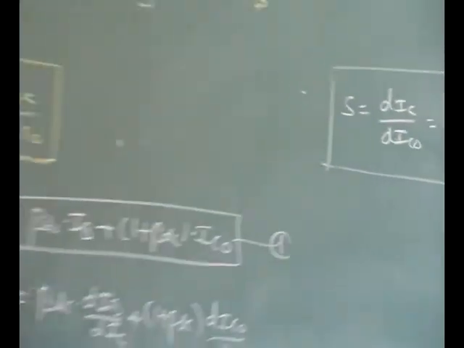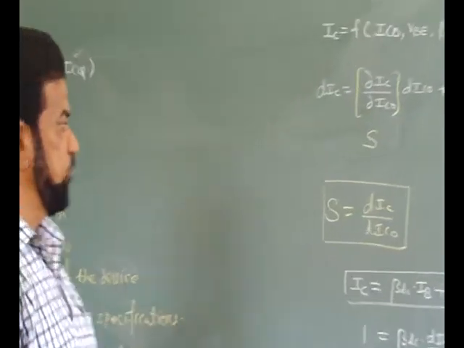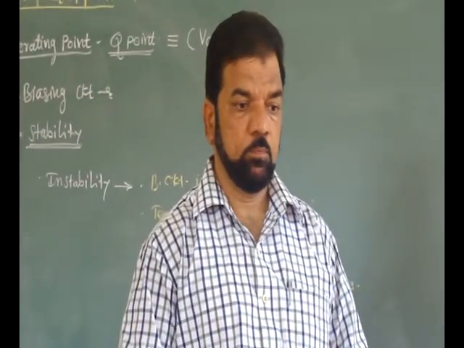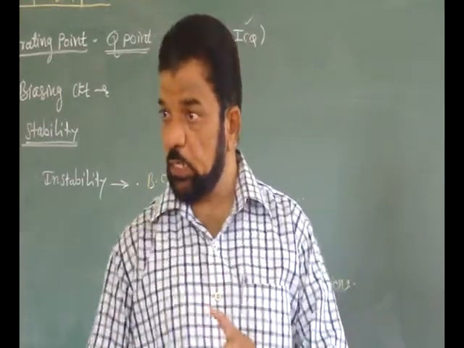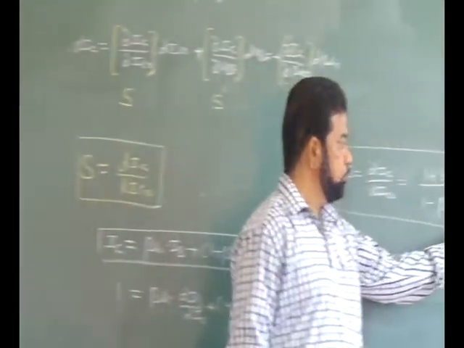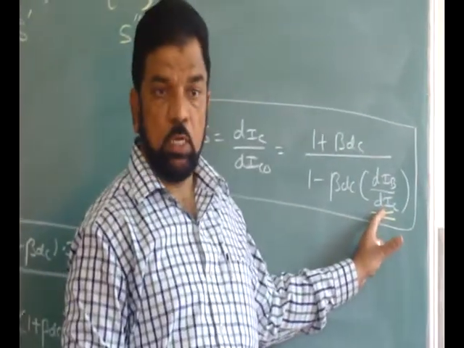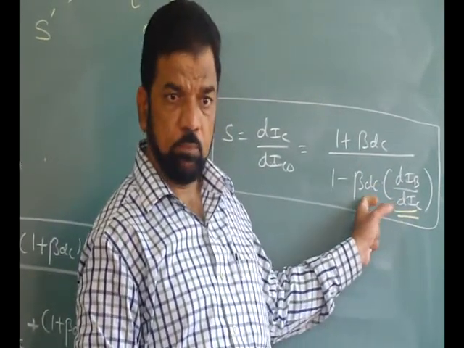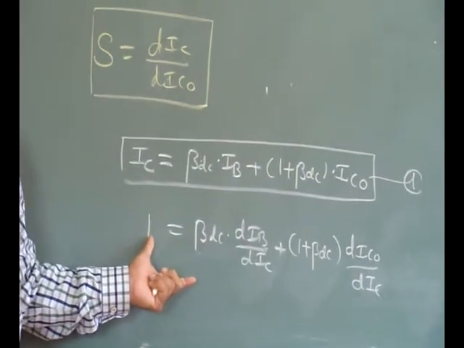So that is the general equation for the stability factor. That means if I want to determine S of any circuitry, I need this term only. So I have to calculate how the base current varies with the collector current. Is it okay? You are getting this formula after solving this?